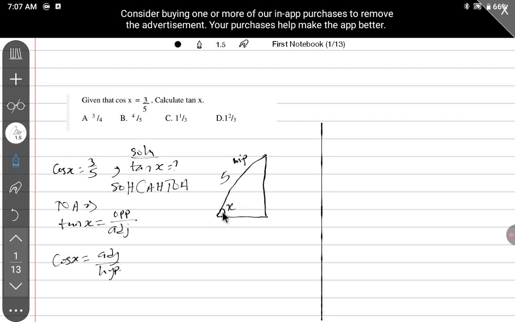If the angle were located on the other side, that side would be the opposite, but I located the angle here as angle S, so this will be the opposite. So we have the opposite here, and this other one becomes the adjacent.